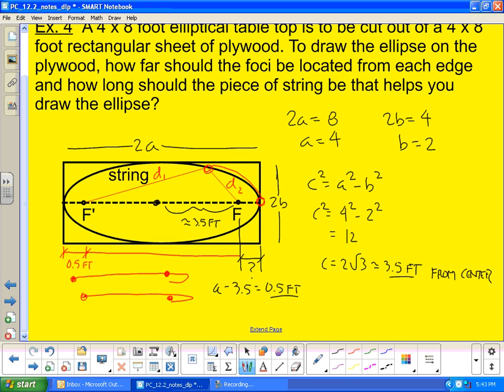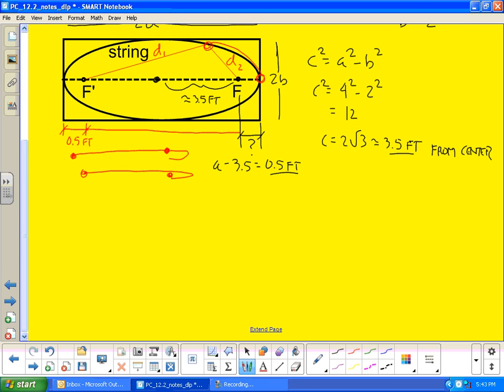So we have a 7.5 foot distance from F prime to F, plus another half foot of string. So this total distance from here to there would be, we've looped back a half of a foot back on itself. So we have the string kind of doubling back on itself by a half of a foot.